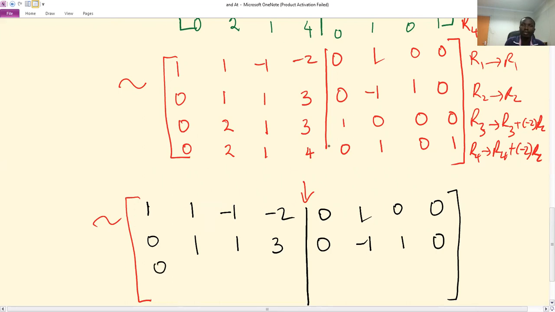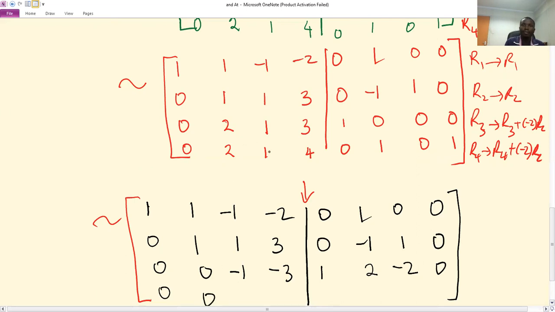Now 2 minus 2 times this is 0. 1 minus 2 times this is minus 1. 3 minus 2 times this is minus 3. This will be 1. And then 0 minus minus will be plus 2, then 0 minus 2, and then 0, 0 minus 0 is 0.